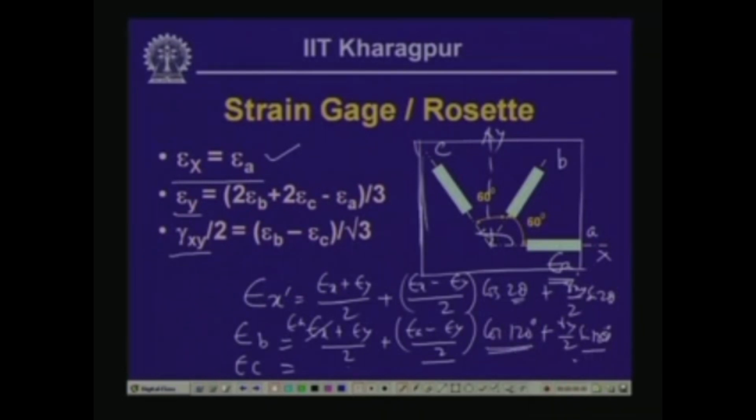So, cos 240 degrees and sin 240 degrees, and once we substitute the values of that, then we get 2 equations in epsilon B and epsilon C, and we have 2 unknown parameters epsilon y and gamma xy, and these 2 can be solved, and if we solve that, we will get the values of epsilon y and gamma xy in terms of epsilon B and epsilon C. So, we have again 3 quantities epsilon x, epsilon y and gamma xy in terms of epsilon A, epsilon B and epsilon C, and that was our objective, to find out the values of epsilon x, epsilon y and gamma xy in terms of epsilon A, epsilon B and epsilon C, and these are the 3 normal strains which we have measured at a point, based on which we can compute other quantities as we desire.